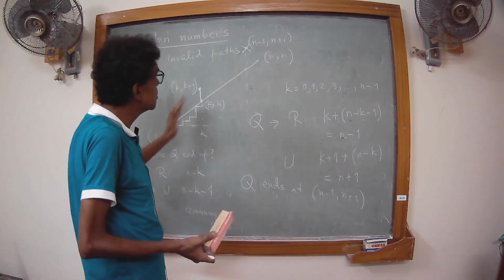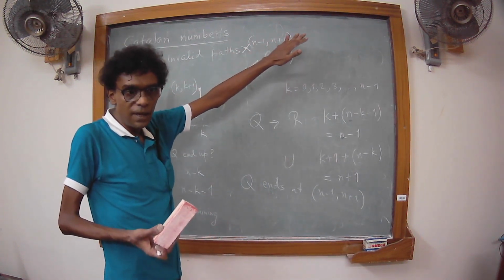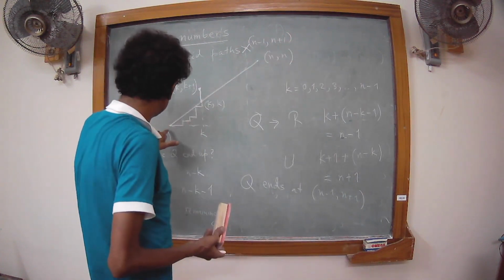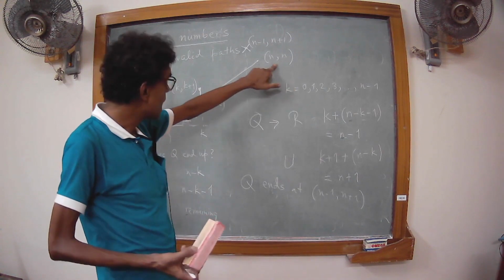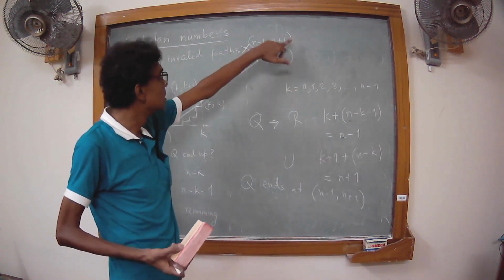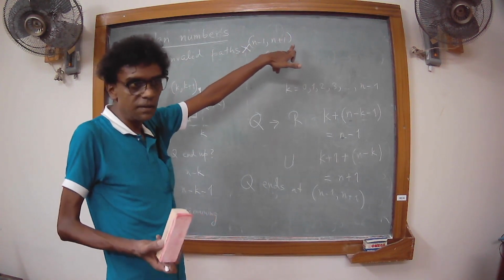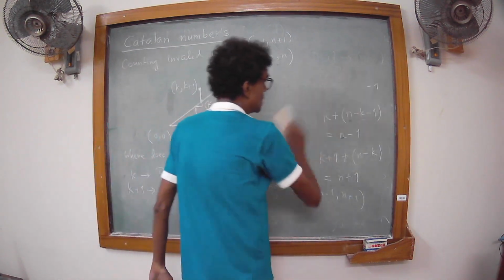Any path from 0, 0 to n minus 1, n plus 1 will give an invalid path from 0, 0 to n, n. That is no problem. And counting the number of paths from 0, 0 to n minus 1, n plus 1 is easy using the generalized formula.